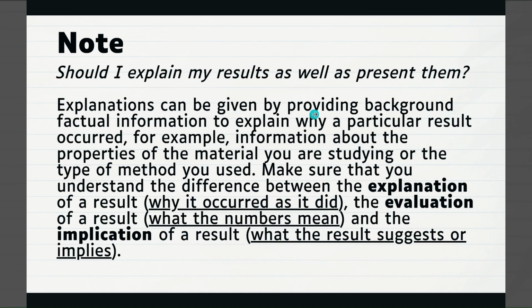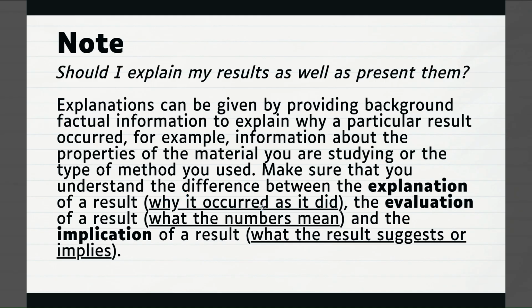If you're wondering if you should explain your results as you present them, of course you should. Explanations can be given by providing background factual information. So be able to tell once more the difference of explanation, evaluation, and implication. So when you are commenting on the particular finding, add a particular statement that explains why the result happened.